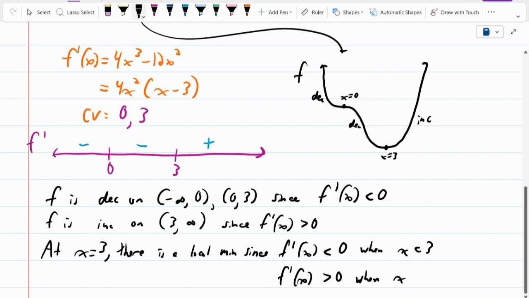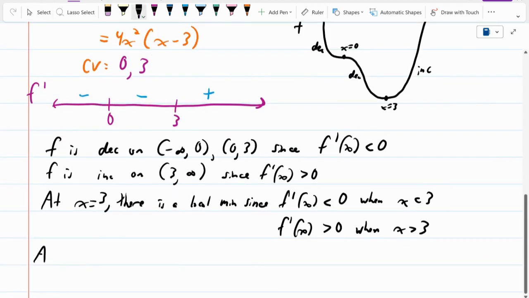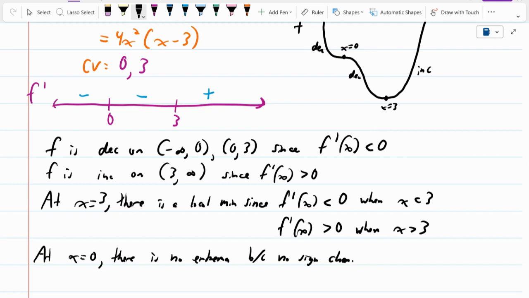We talked a lot about what the AP graders want to see. This is what they want to see. We know that at x equals 0, there is no extrema. So how do I know that? Well, the sign test was really important to say that. It's no extrema because there's no sign change on f prime.